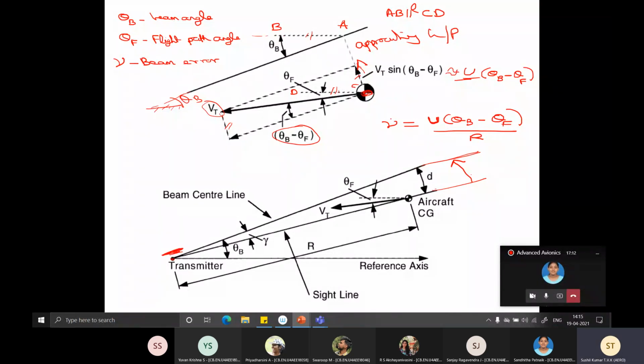It's a very painful exercise. Okay, you keep a telescope at the touchdown, make the aircraft fly along the glide path, and then keep giving instructions to the pilot to go up or down. Okay. So this used to be called the sight line. Okay, the same terminology is used in the book also.